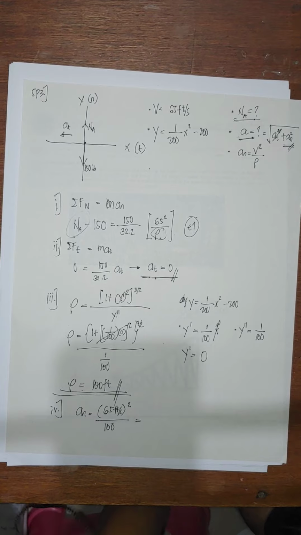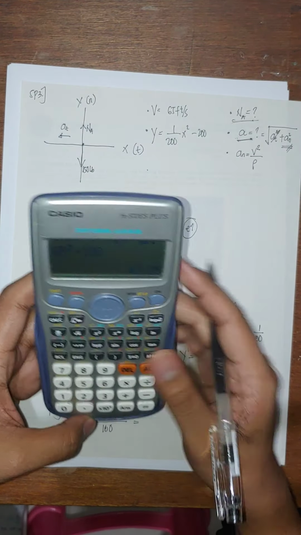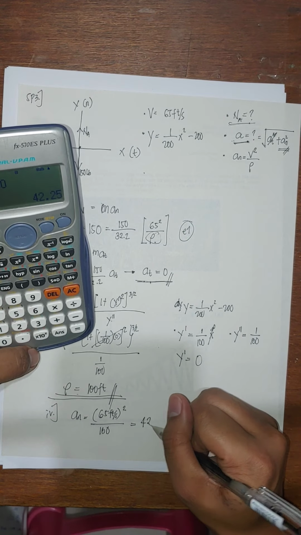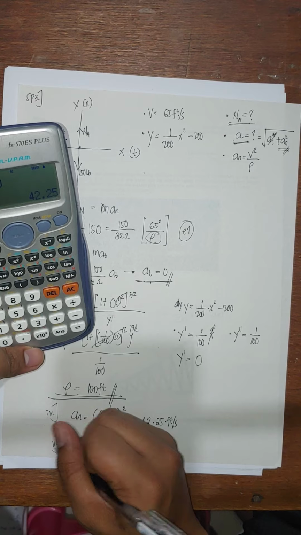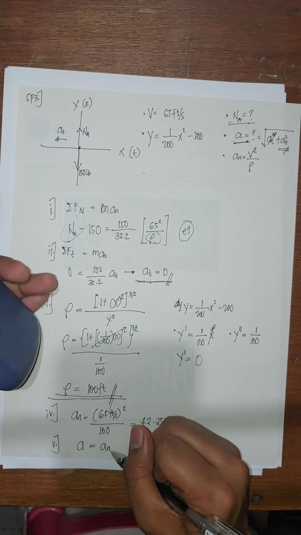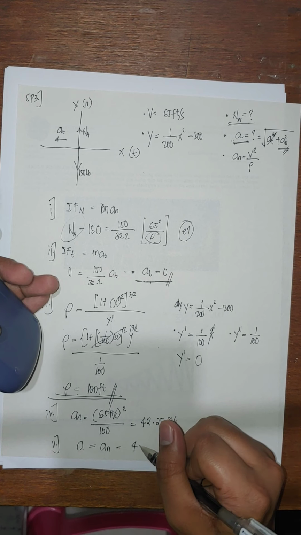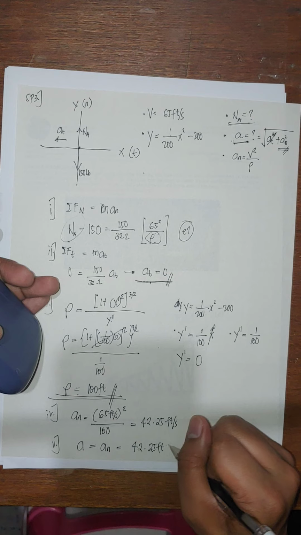That is equal to how much? 65 squared divided by 100. That is equal to 42.25 foot per second squared. Again, ang atong magnitude for the acceleration is just the normal acceleration. Sa ato pa, ang magnitude for the acceleration is just 42.25 foot per second squared.